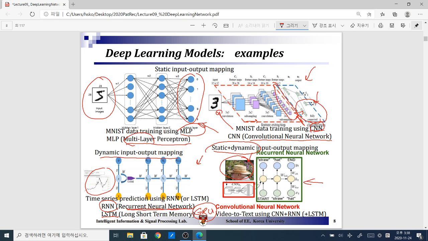So a combination of the two, the static represented by CNN, or convolutional neural net, and the sequential data represented by RNN, could be useful for performing image captioning type of application.